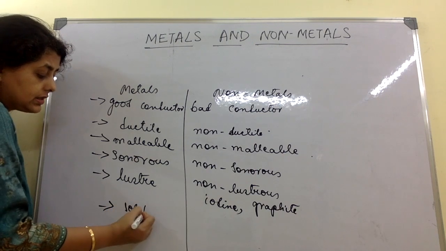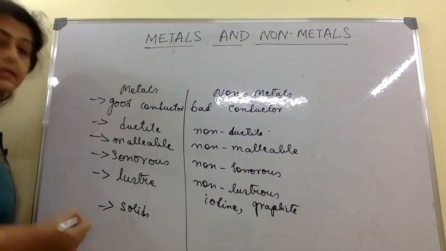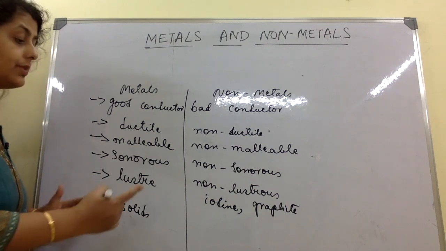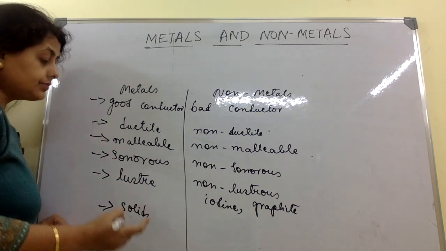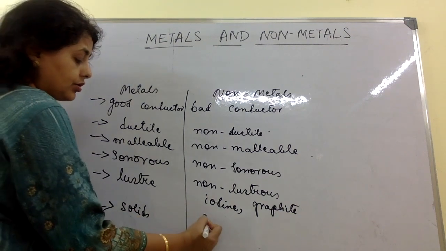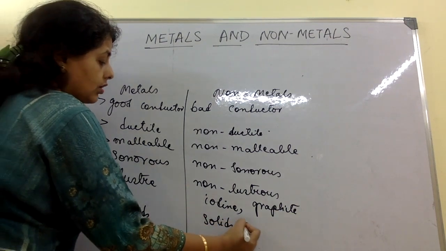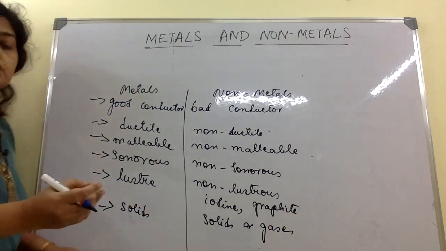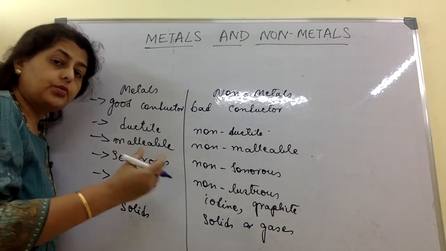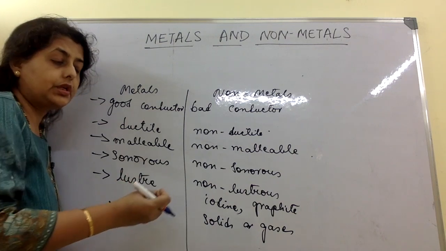Then let's talk about the state. Metals are generally solids. Non-metals are generally solids or gases. In gases we have hydrogen, oxygen, chlorine and all that.